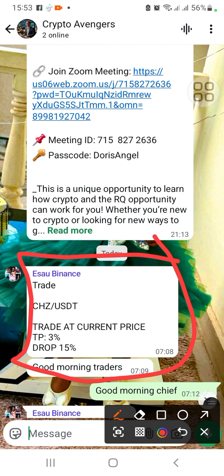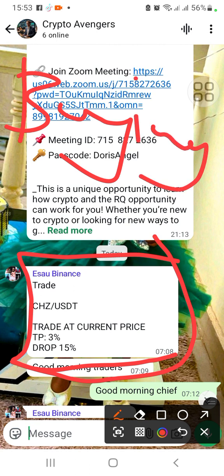All right. Yes, I want to tell you that there are different types of signals. We have what we call the current price signals, and then we also have what we call the preset price signals. Iranga, what is a current price signal and what is a preset price signal? A current price signal simply means you're buying, okay?